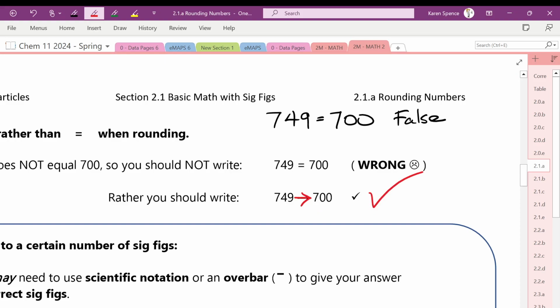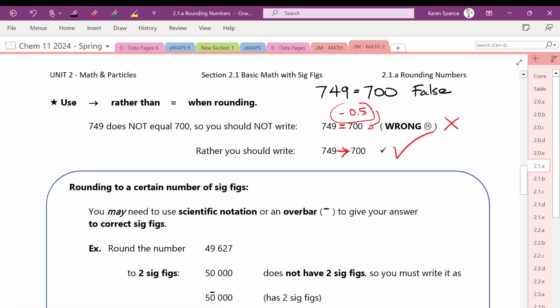Okay, so this is correct. This is wrong because they are not equal. So show rounding by showing an arrow rather than an equal sign. If I'm feeling generous, I might only take off a quarter of a mark for it, but generally that would be minus 0.5, minus a half a mark, for that.